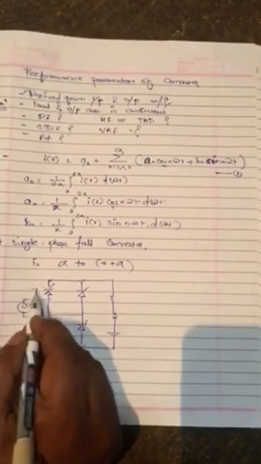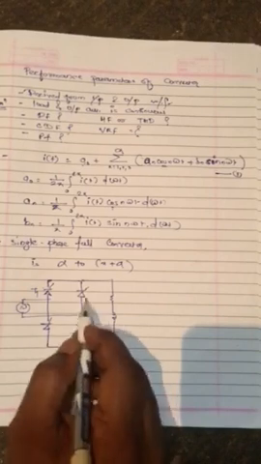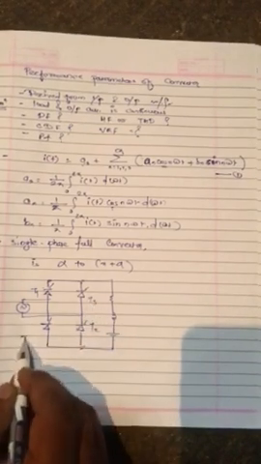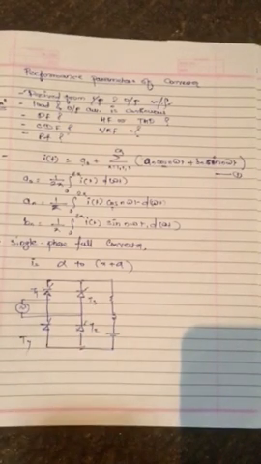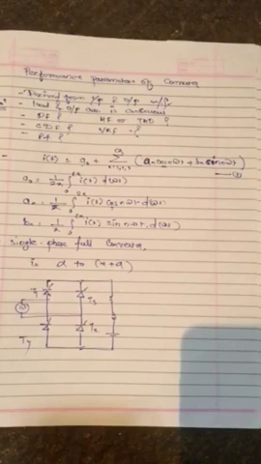This is thyristor 1, thyristor 2, thyristor 3 and thyristor 4. This is the single phase full wave bridge converter.